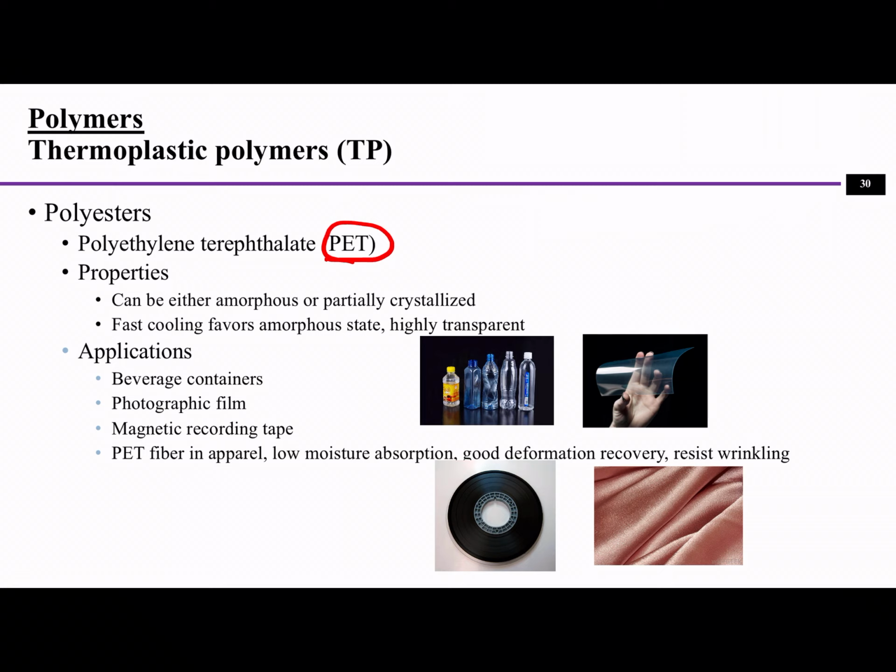So this is the PET material. One property of PET is that it can be highly transparent. So, for example, this kind of film, these kinds of bottles and containers, can all be made transparent.